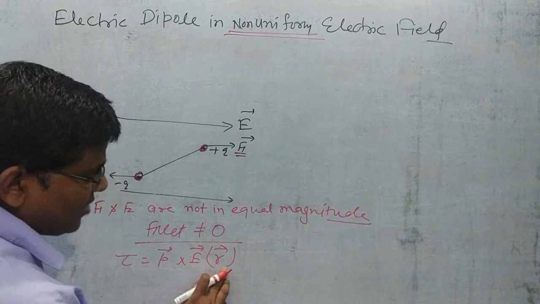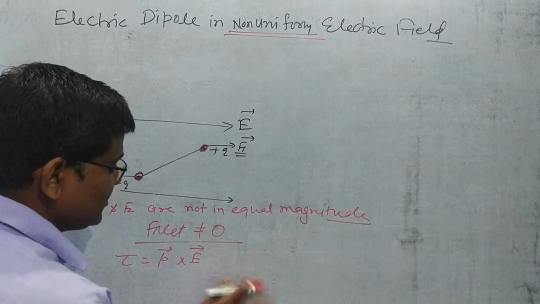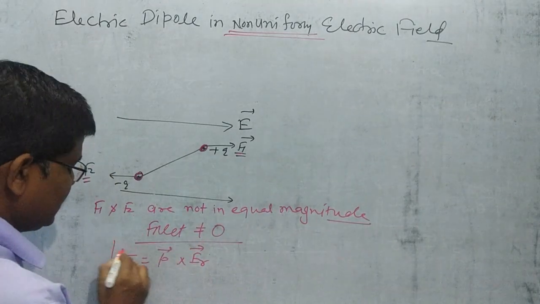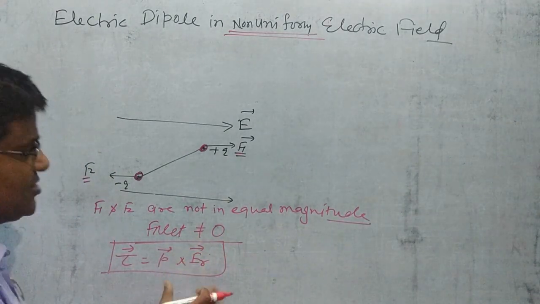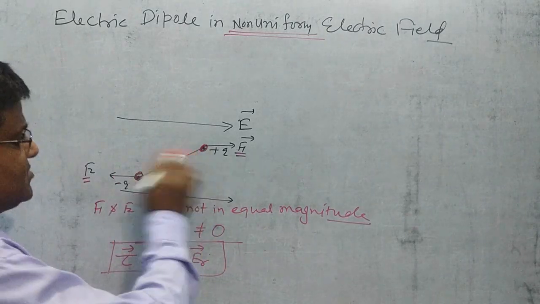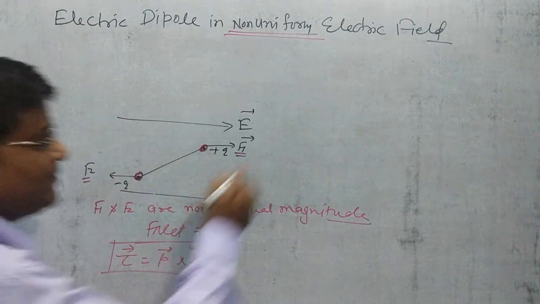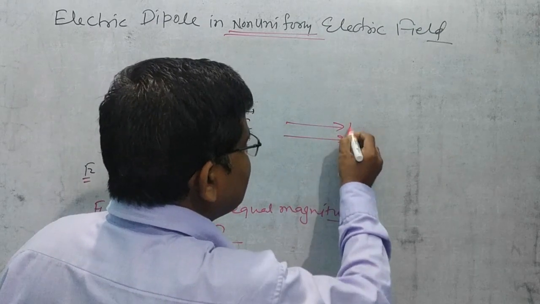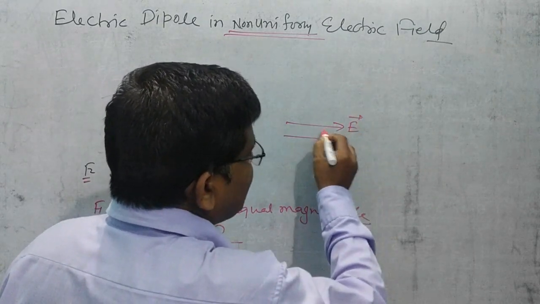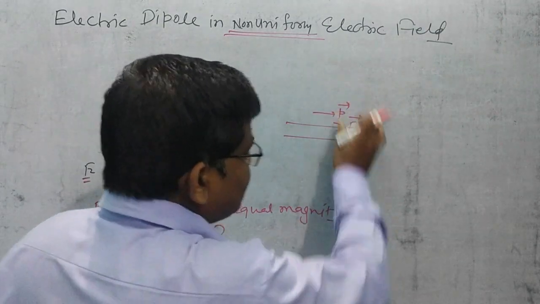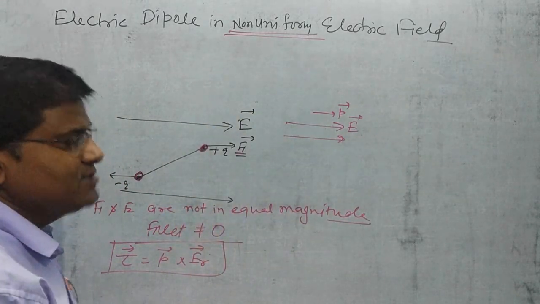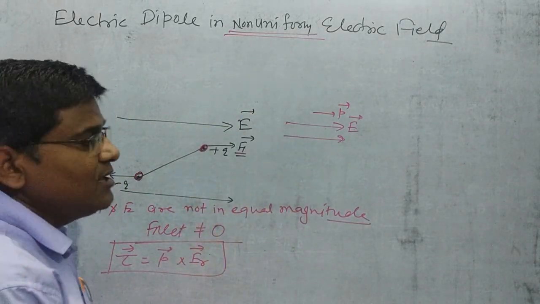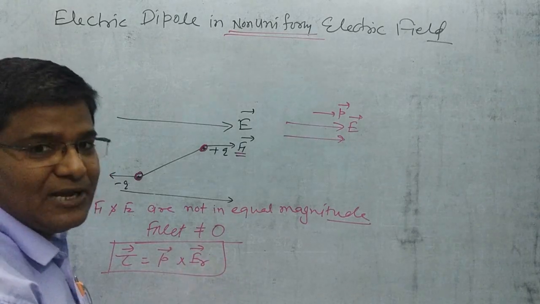E depends upon r, meaning it depends upon the position where the electric dipole is placed. When it is placed parallel, with electric field and dipole moment in the same direction, then torque is 0, and when opposite, torque is also 0. At some other places torque has some value.